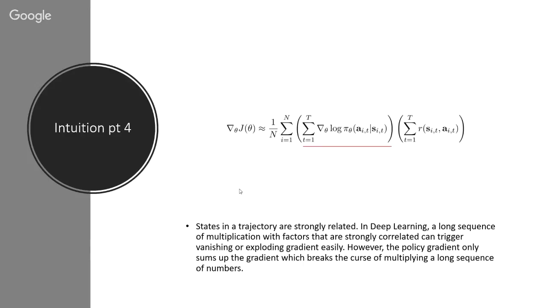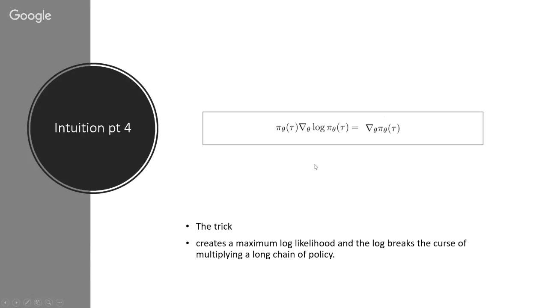However, policy gradient only sums up the gradients, which breaks the curse of multiplying a long sequence of numbers. So the trick basically creates a maximum log likelihood, and the log breaks the curse of multiplying a long chain of policies.